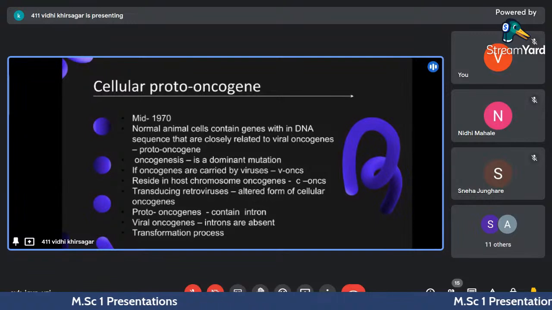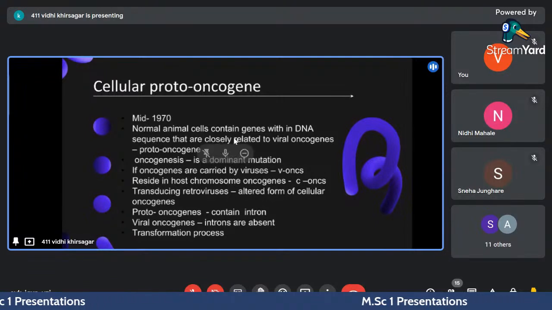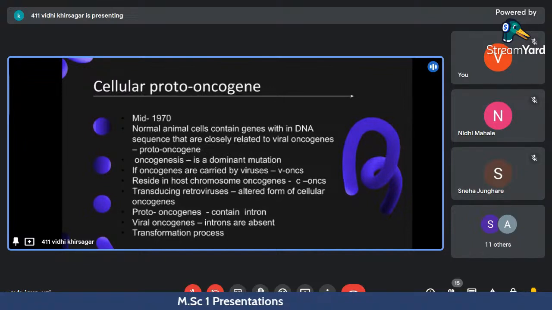Oncogenesis is the process where the normal proto-oncogene is converted to an oncogene. It is a dominant mutation. Now, what is meant by dominant mutation? Dominant mutation means only a single mutation event is necessary in a homologous pair to convert it from proto-oncogene to oncogene.